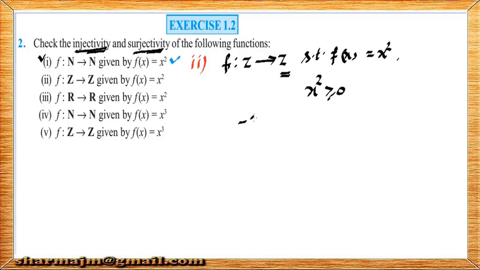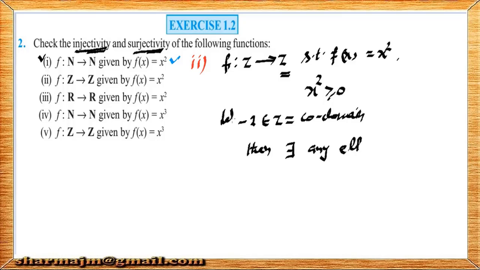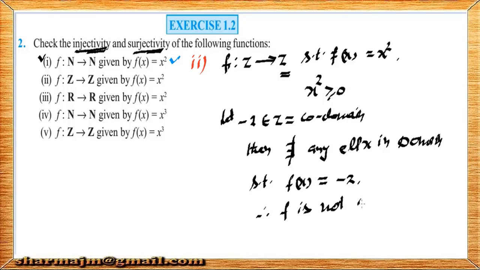So if you take minus 2 in Z, that is in the codomain, then there does not exist any element x in the domain such that f of x is equal to minus 2. Therefore, f is not onto.